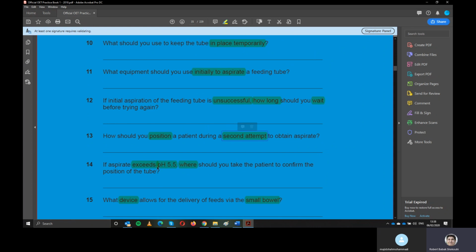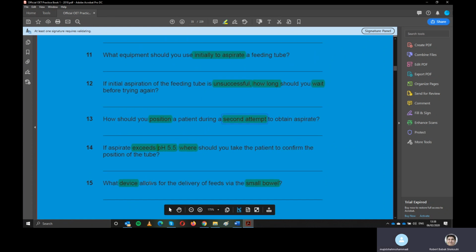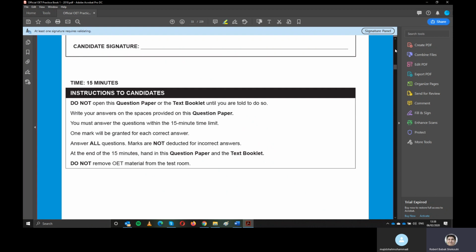We didn't see that. If it exceeds 5.5, we should take them to the X-ray. What device allows the delivery in small bowel? We haven't checked that yet. So what are we missing? Unsuccessful, how long to wait, and what position? So if we fail, what should we do?